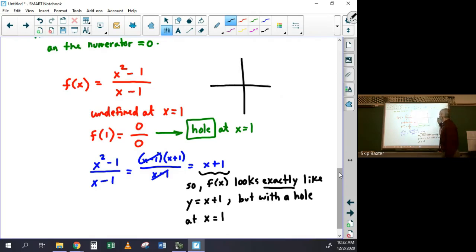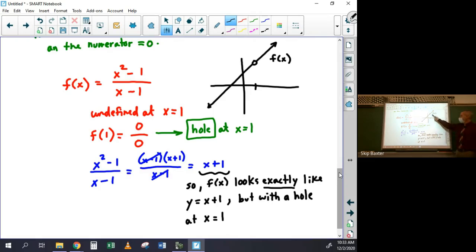So it looks like this. It's a line, x plus 1 is a line of slope 1, y-intercept 1. So it's going like this, and then it just has a hole right there, and then it just continues on its way. It looks exactly like that.